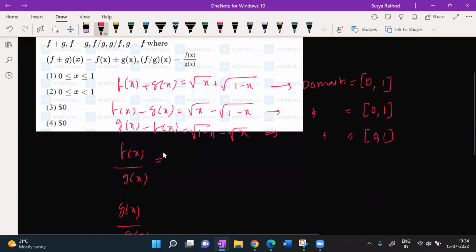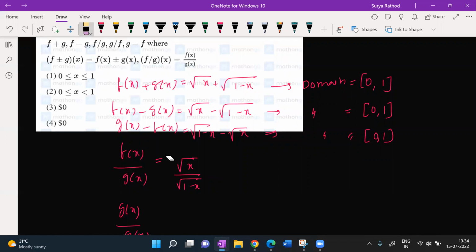f of x by g of x. So square root of x by square root of 1 minus x. Domain. So here x cannot be 1, beta. Why?